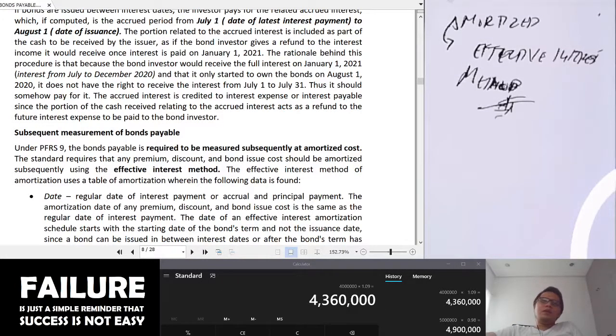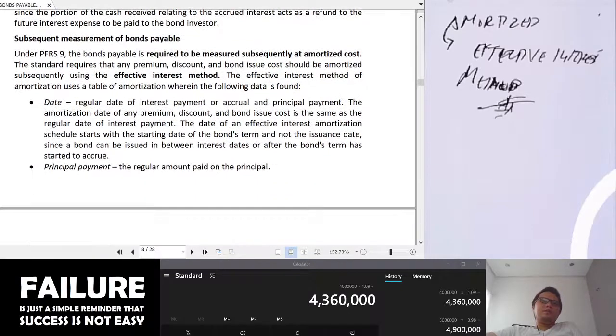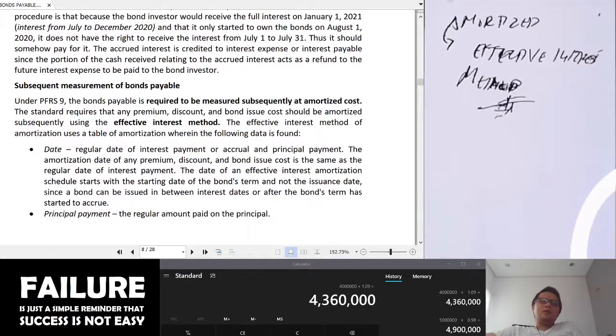So, under sa effective interest method amortization schedule, ito yung mga data na makikita natin. So, mayroong date.